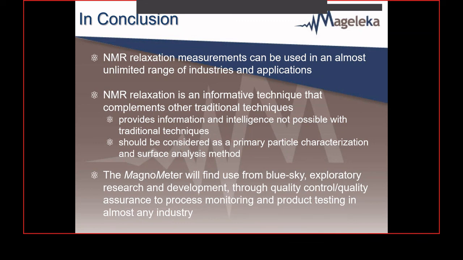And so I believe NMR relaxation should be considered as a primary particle characterization and surface analysis technique. And you can use this, the magnometer, from blue sky exploratory research and development through quality control to process monitoring and product testing, literally, as I said, from fundamentals to end use. As such, I believe that it can help facilitate the drive of formulation from an art to a science.